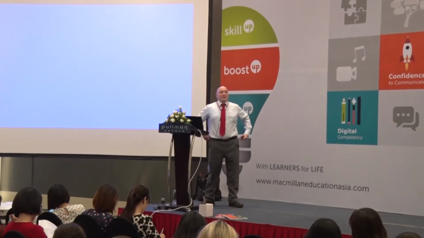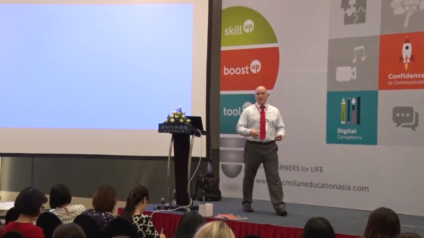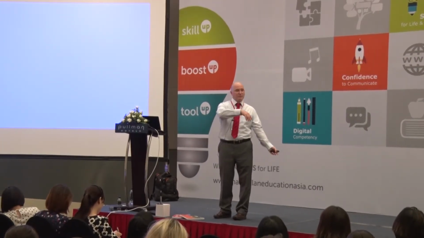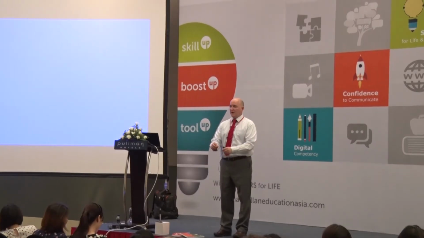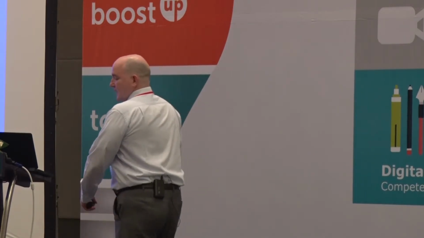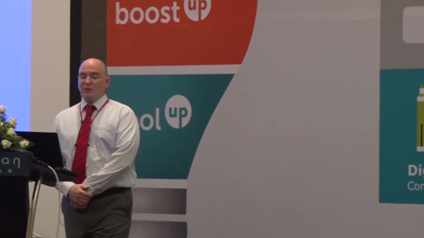So I'm going to read the dictogloss. The teacher reads in normal language, not slow, not too fast, just normal language. You write down exactly what I say. Then you work together and you try to recreate the text. I will read it twice. A cowboy rode into town on Friday.